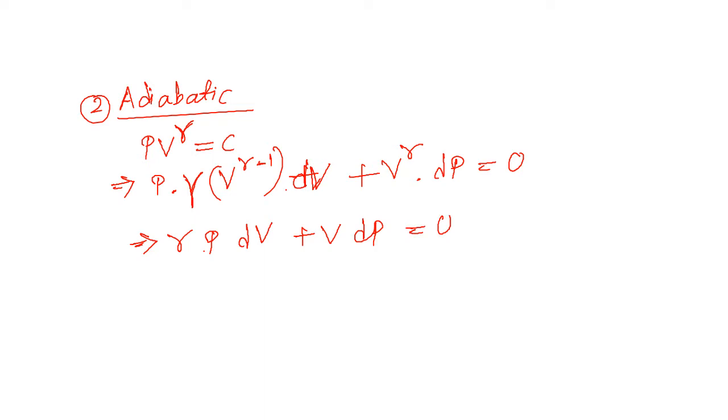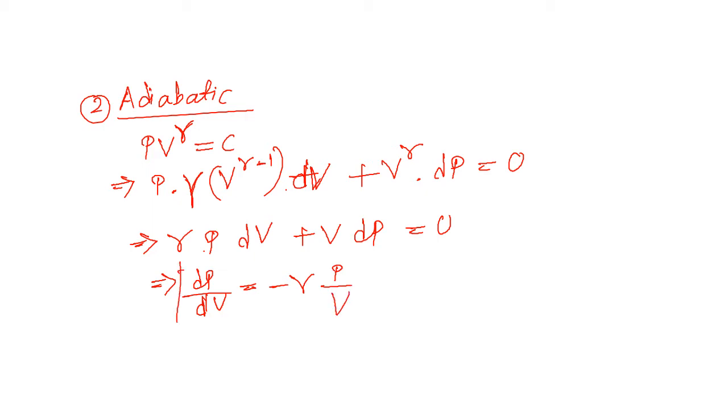Taking V to the power gamma as common, dP by dV equals minus gamma P by V.